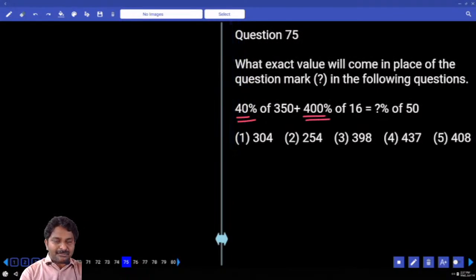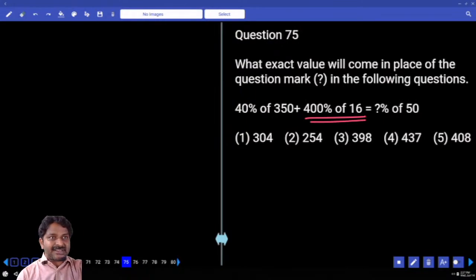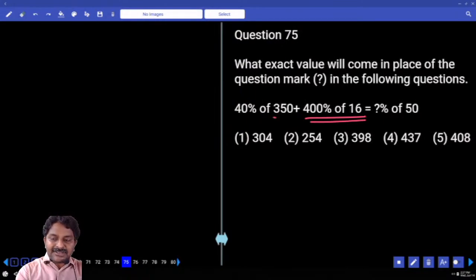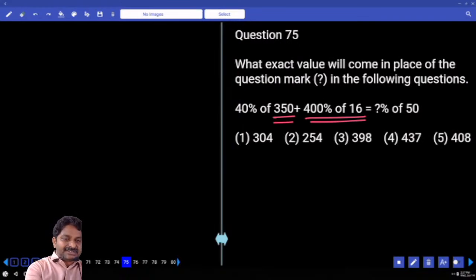When I see these two numbers, it is tempting me to convert everything into 40. Already we have 40% of some number. I want to convert this fellow as 40% of 160. Can I do that? 40% of 350, 40% of 160, then that is equal to 40% of 510 only. Yes or no? Can I also write it as 400% of 51?